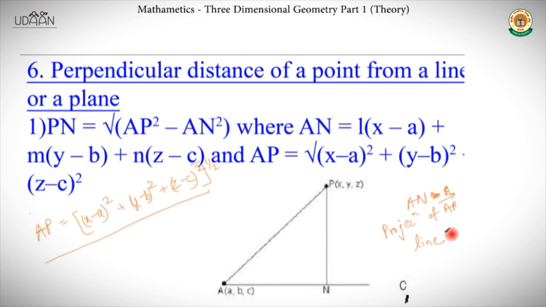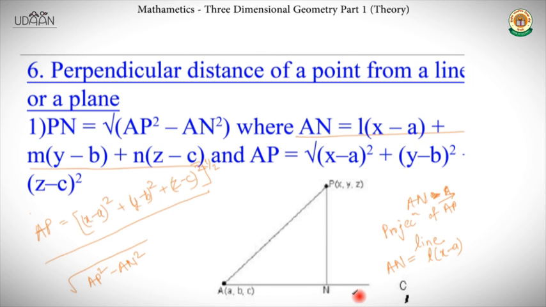So the perpendicular distance would then be root of AP square minus AN square. And AN would be directly the projection of AP on the line.